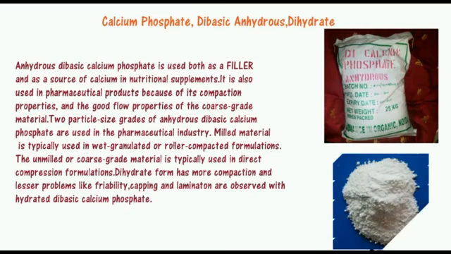The dehydrated form, as compared to the monohydrate form, has more compaction and lesser problems like friability, capping, and lamination. This is the calcium phosphate dihydrate or anhydrous bag, and this is the material.